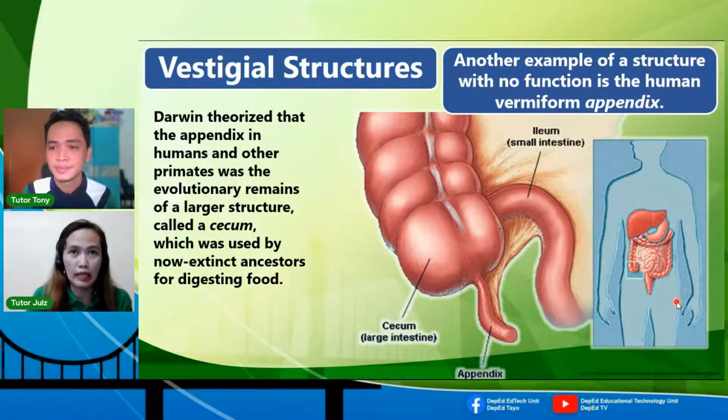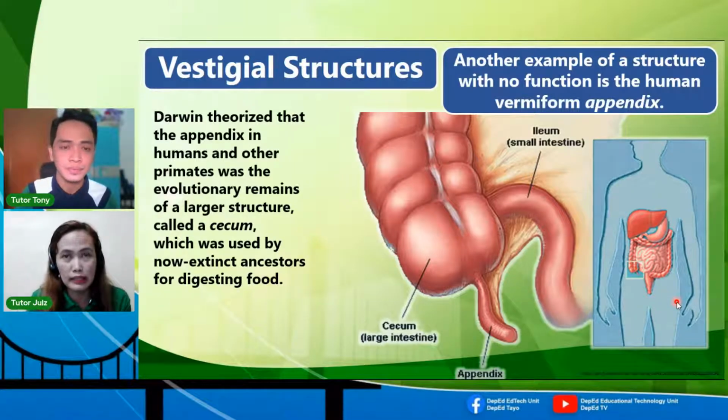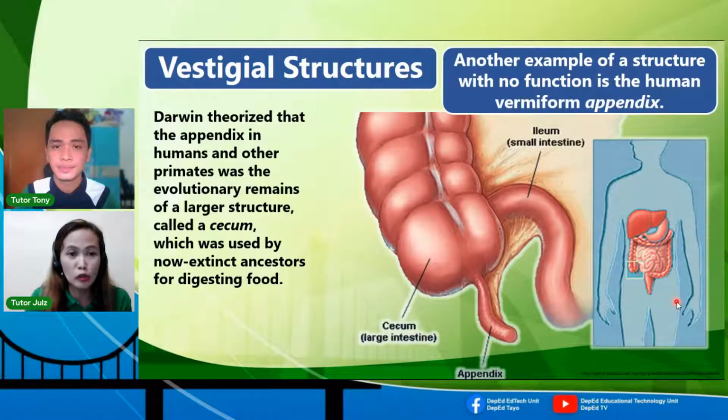But in our case, based from my readings, yung batang natanggalan ng appendix nang siya ay 3 years old, normal naman hanggang sa lumaki siya, hanggang sa tumanda, based from the record, ay hindi naging irregular naman yung body function kahit wala yung appendix. So we can live without it.